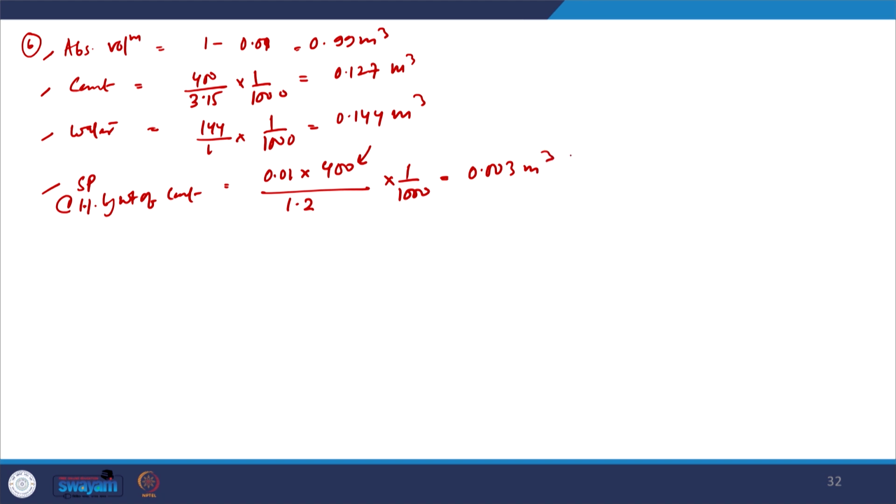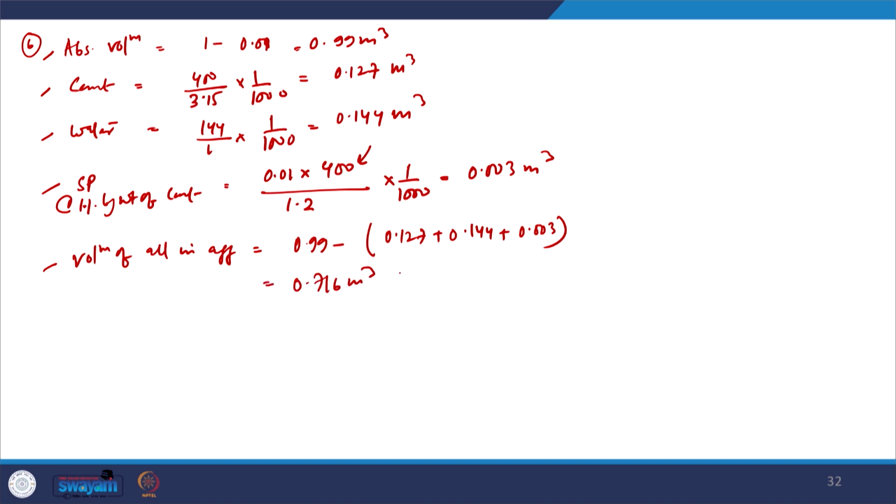Now, we have all the proportions. So, the volume of all-in aggregate becomes equal to 0.99 minus the summation of all the other volumes, all right. So, this becomes equal to 0.716 meter cube.